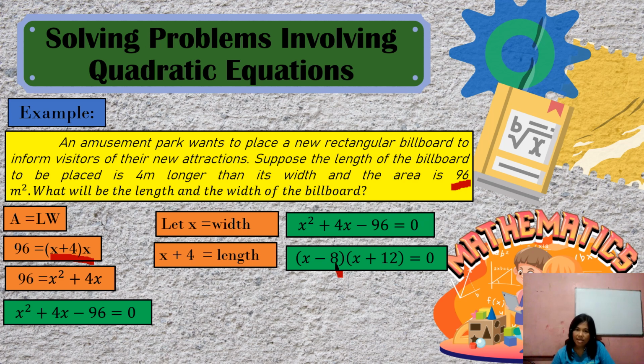Negative 8 times x is negative 8x. Sandali. Okay. Tapos, x times 12 is 12x. Okay. So, two unlike signs. Kailangan nating mag-subtract. Kasi nga, yung last term din natin is negative.